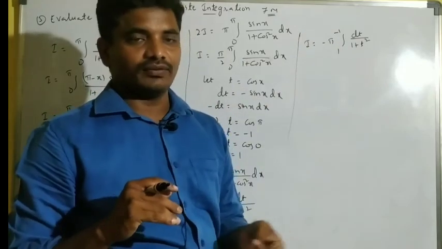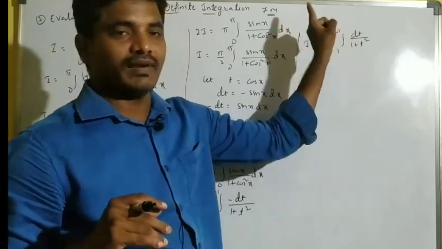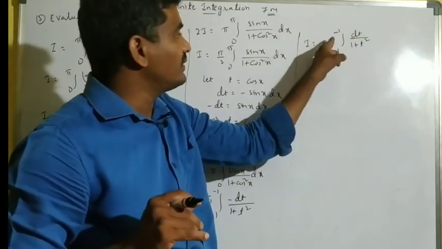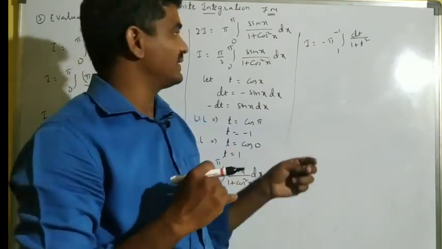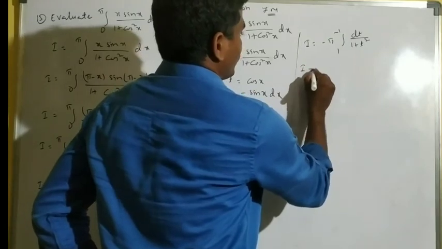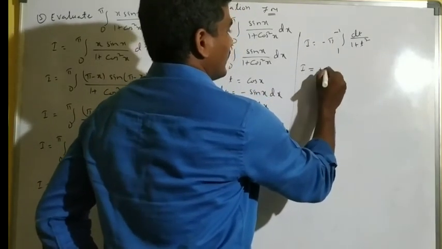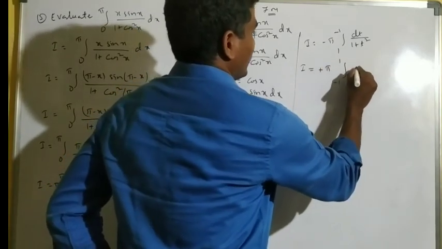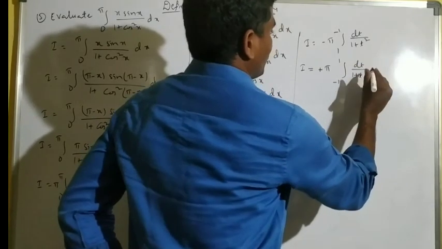The lower limit should be the smaller value and the upper limit should be the greater value. But here the change is there: here the high value is up and the low value is down. To swap these two values, the sign will change, minus will become plus. So here my I equals, this minus will become plus, I equals pi integral from minus 1 to plus 1 of dt by 1 plus t square.